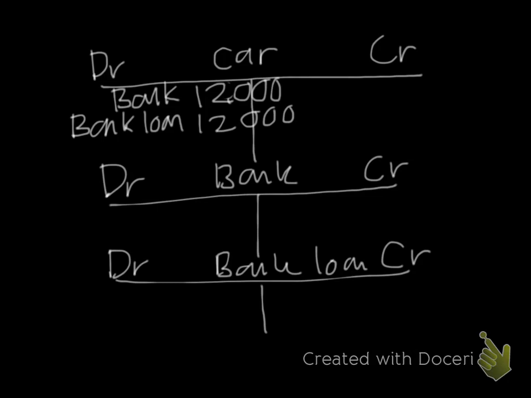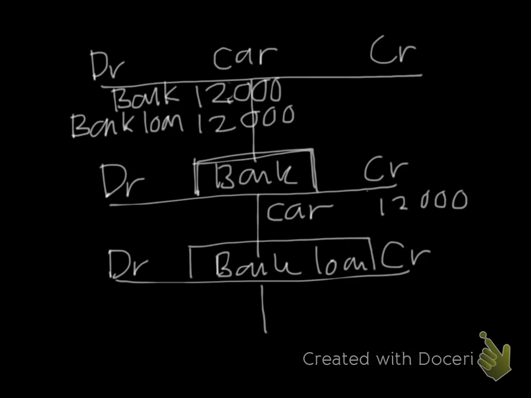So now in our bank account, it shows a reducing of 12,000. Why a reducing of 12,000? Because we bought a car. And the same thing goes to the bank loan. Now we incurred a liability from a bank, which is from a bank loan that we made.